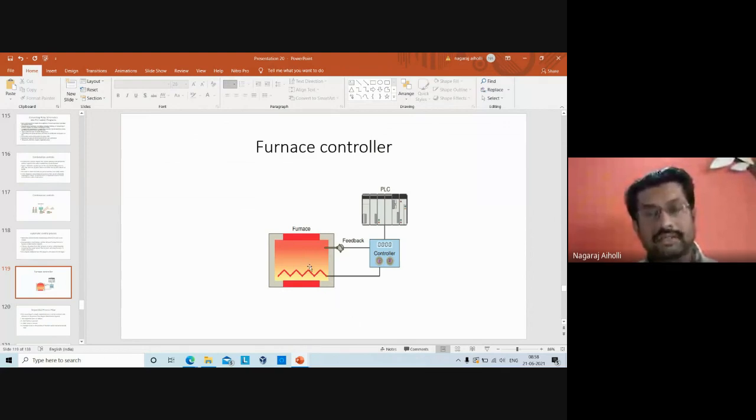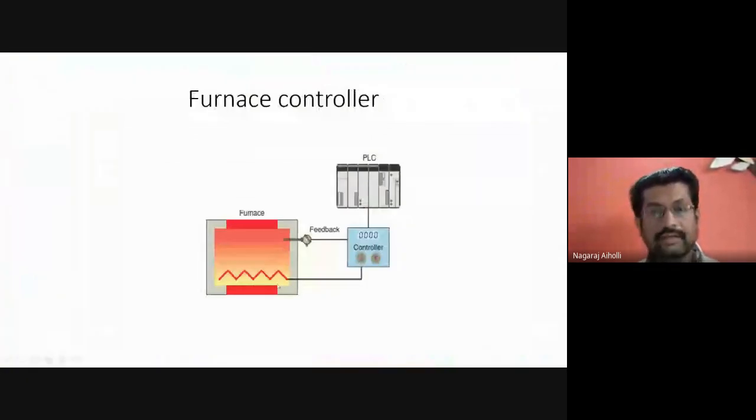If the temperature of the furnace is less than the desired value, then we have to increase the temperature. If it is more than the set point value, then we have to decrease the temperature.